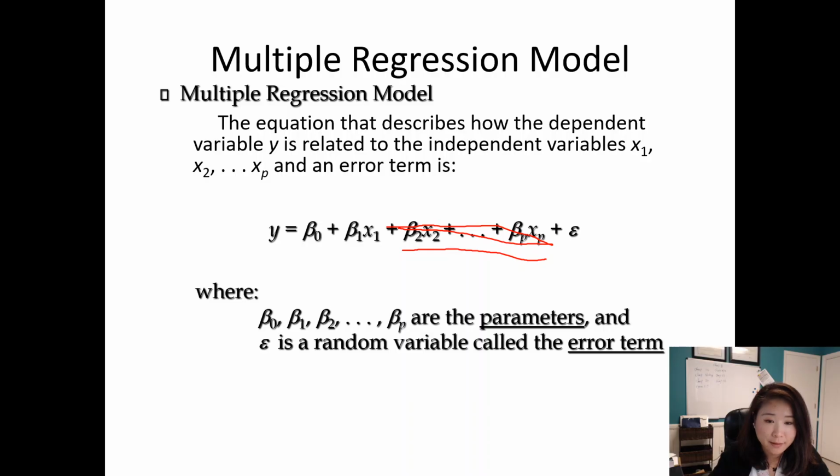Let's go back to look at the slides again. The x1 has beta 1, so we don't just call it beta 1. We call beta 1 the partial coefficient of x1, and beta 2 the partial coefficient of x2. Let me write it down.